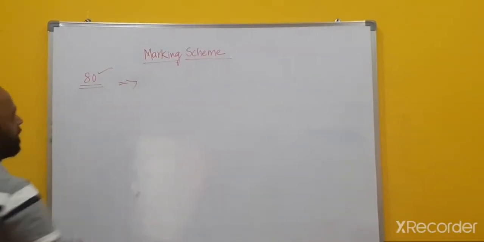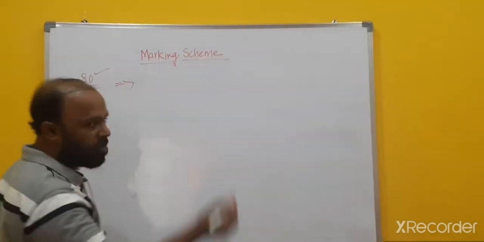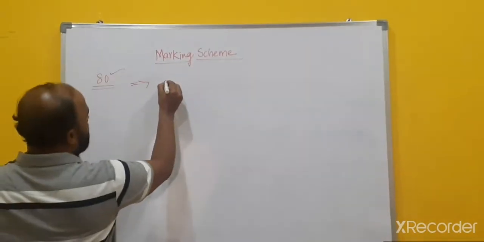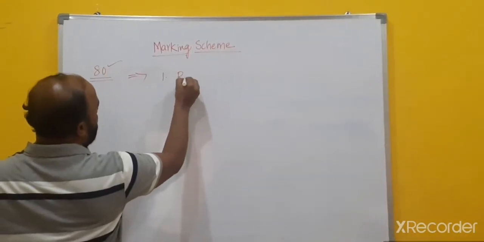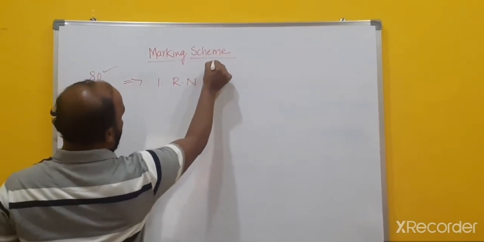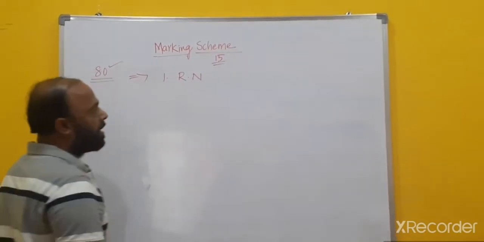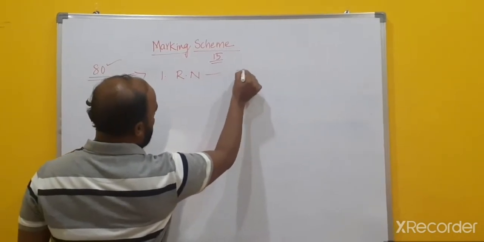Now we will check the chapter wise marks. Each chapter, how many marks? Chapter 1, real numbers. In total we have 15 chapters. Real numbers is 6 marks.